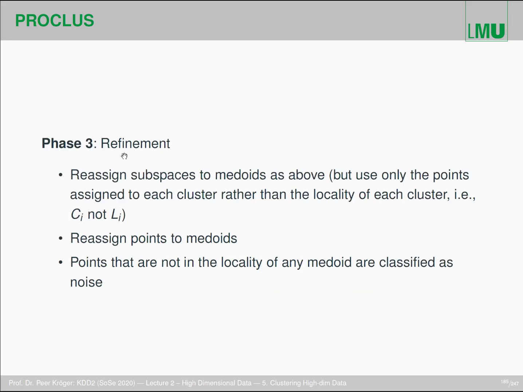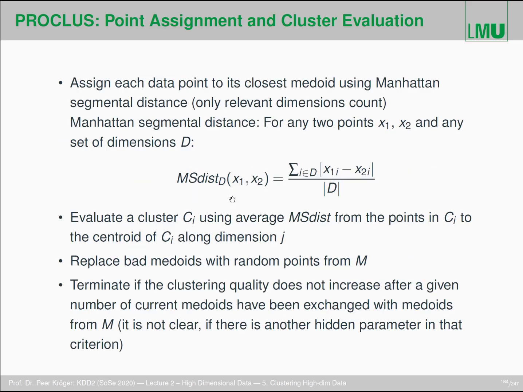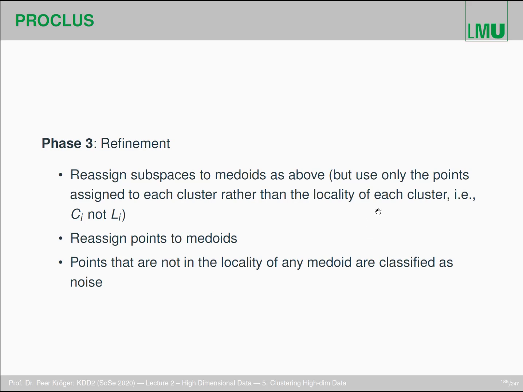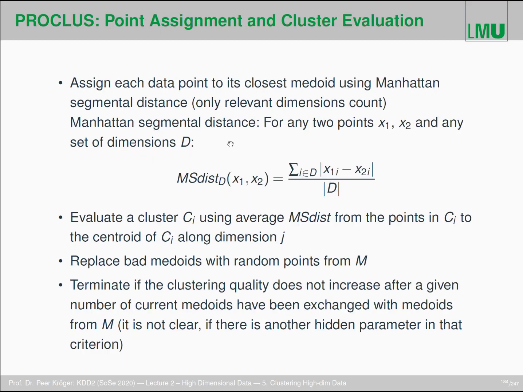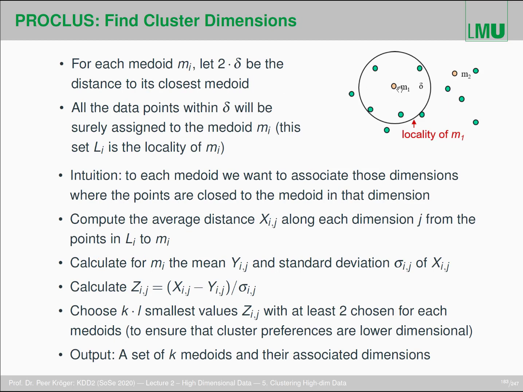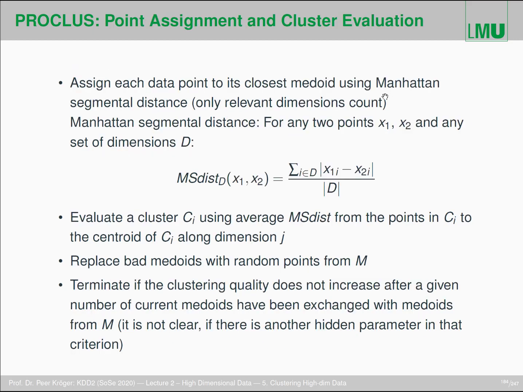And then in the last step, you also do a refinement. In the end, you reassign subspaces to medoids as we just outlined here, but you only use those points assigned to each cluster rather than the locality of each cluster. Originally, in the second phase, we always use only the locality of the medoids in order to compute their preferences.